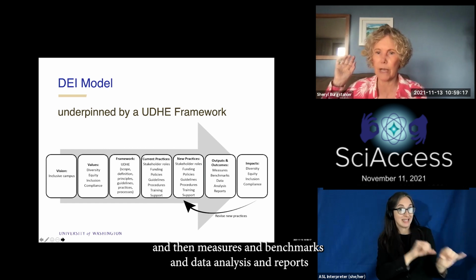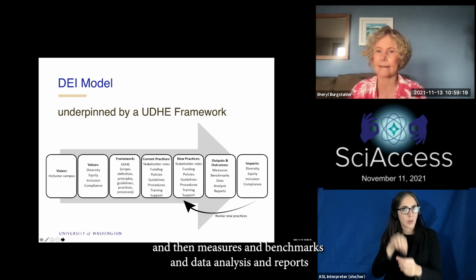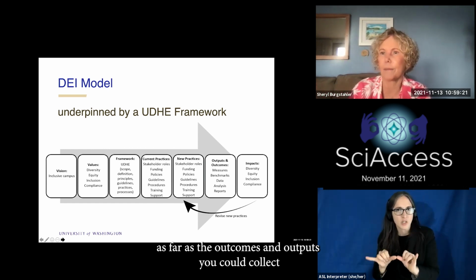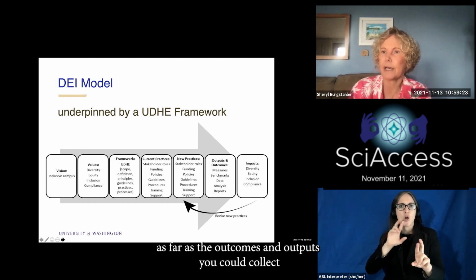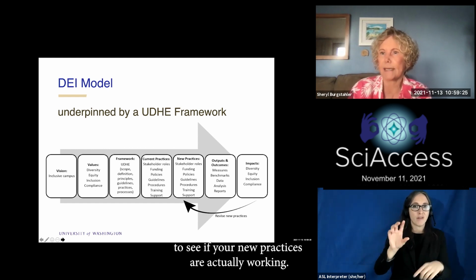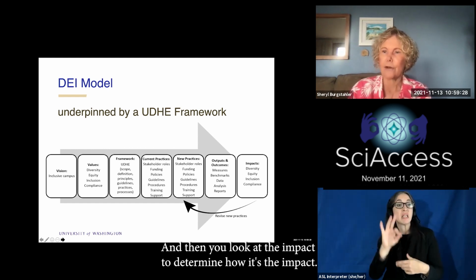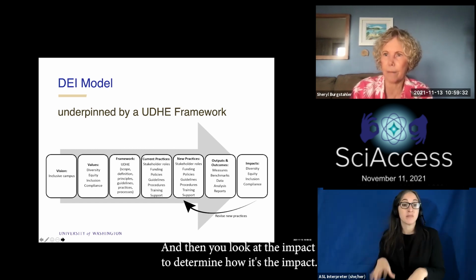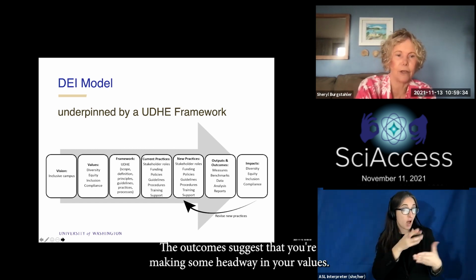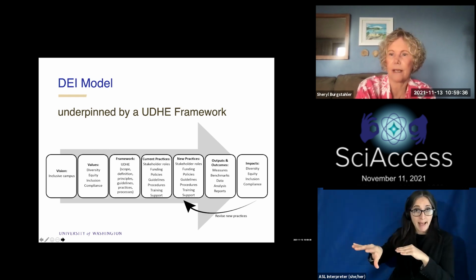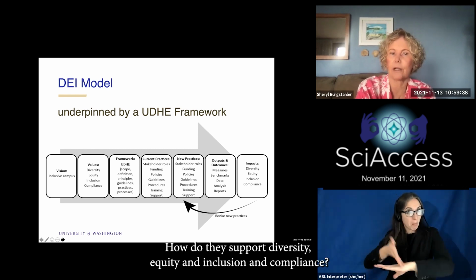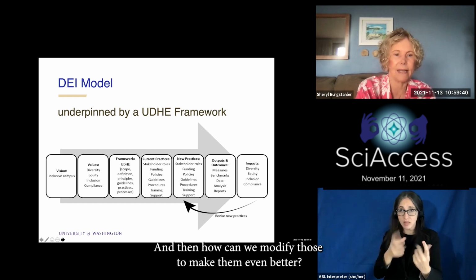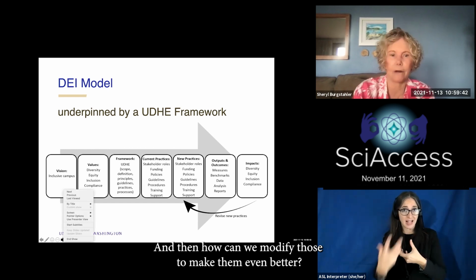And then you'd have measures and benchmarks and data analysis and reports as far as the outcomes and outputs you could collect to see if your new practices are actually working. And then you'd look at the impact to determine how the outcomes suggest that you're making some headway in your values. How do they support diversity, equity, inclusion, and compliance? And then how can we modify those to make them even better?